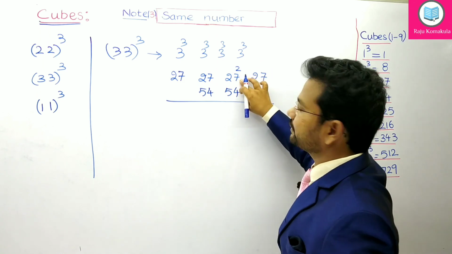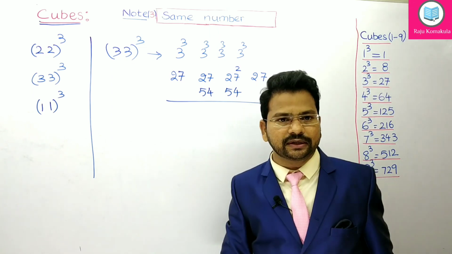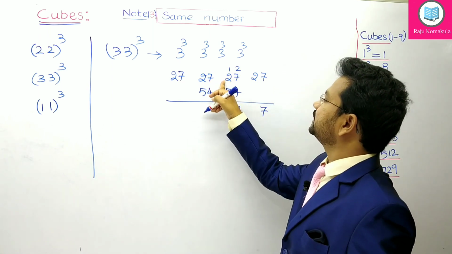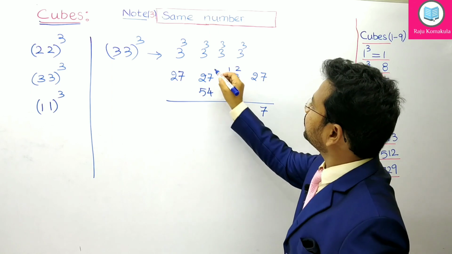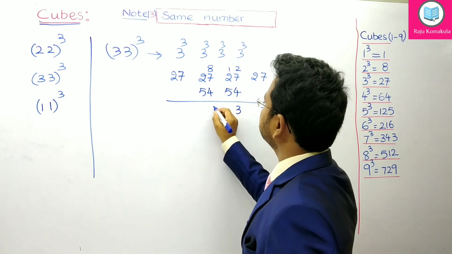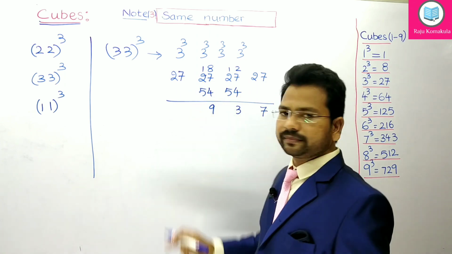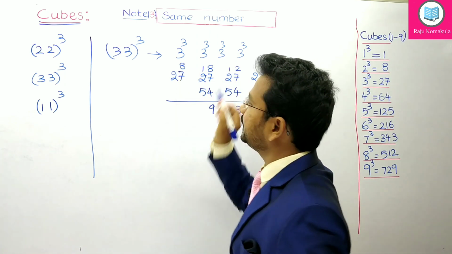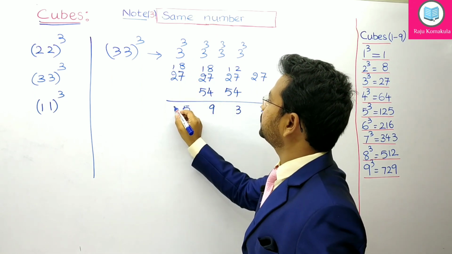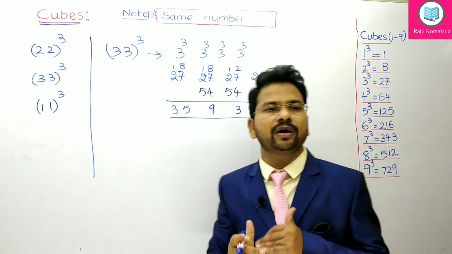Now 2 plus 7 is 9, 9 plus 4 is 13, carry 1. So 1 plus 2 is 3, 3 plus 5 is 8, but don't write 8 here. I am writing 8 here. 8 plus 7 is 15, 15 plus 4 is 19. Now carry 1. 1 plus 2 is 3, 3 plus 5 is 8. I am writing 8 as a carry. 8 plus 7 is 15, and now 1 carry. 1 plus 2 is 3. So 3, 5, 9, 3, 7. This is the cube of 33.